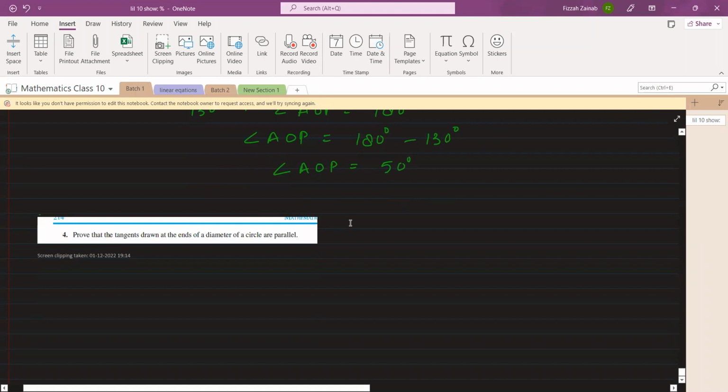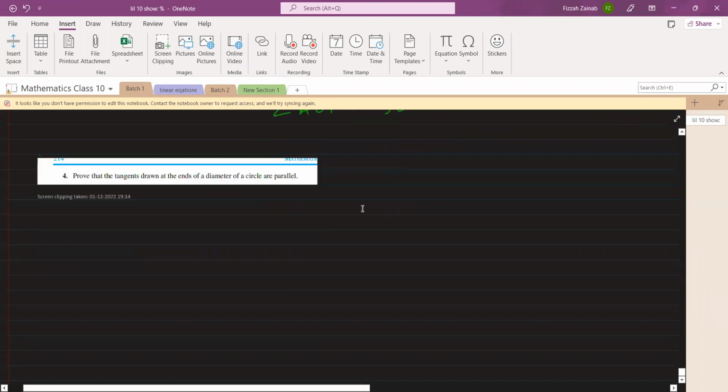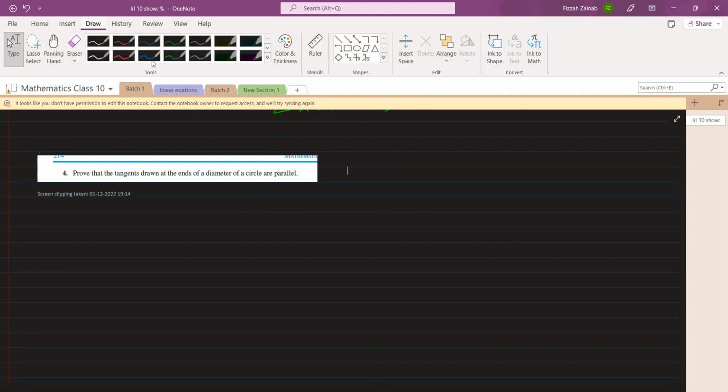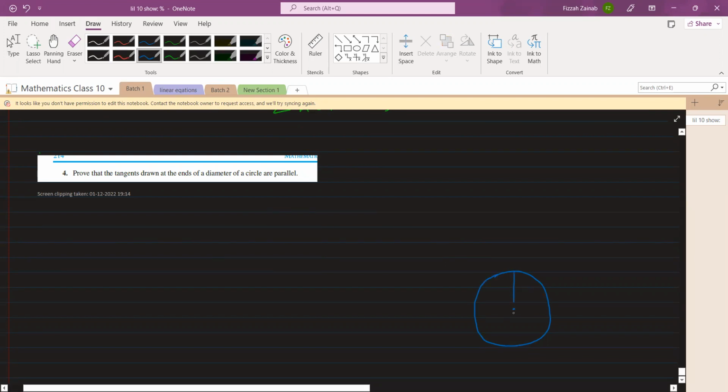Okay, question number 4 now, Martin. Prove that the tangents drawn at the ends of a diameter of a circle are parallel. So if you have a circle with center O, let's say this is the diameter AB, and the center is O, right?